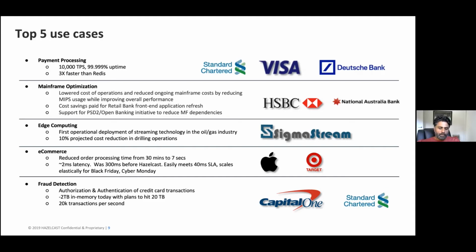Another use case for mainframe optimization is to externalize the data. Hazelcast has been a crucial component in the journey of HSBC and National Australia Bank, where they were able to reduce the cost of mainframe operations, commonly known as MIPS, for those familiar with the mainframe side of the world, by keeping data in Hazelcast and avoiding hitting the mainframe every time an application needed some data.